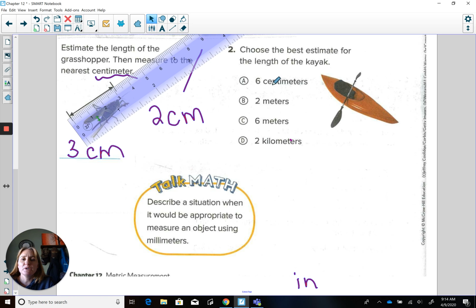Think about that. We would be looking at the larger units.